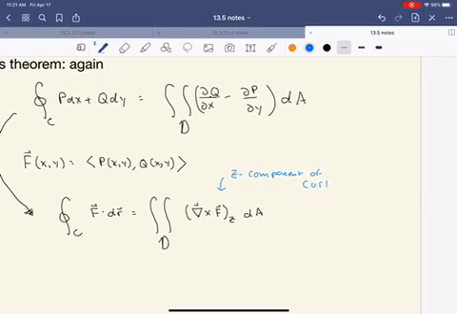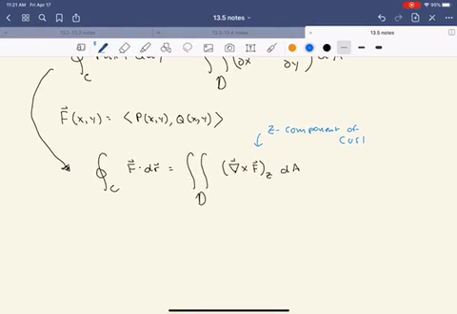And actually, the curl of F by itself, if you calculate it, since the z component is 0, these are all zeros.